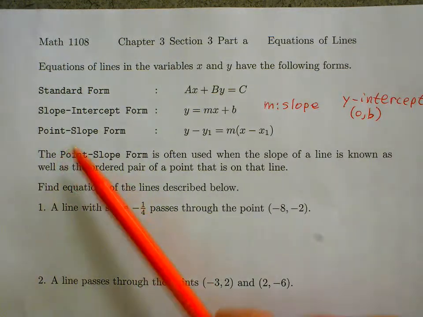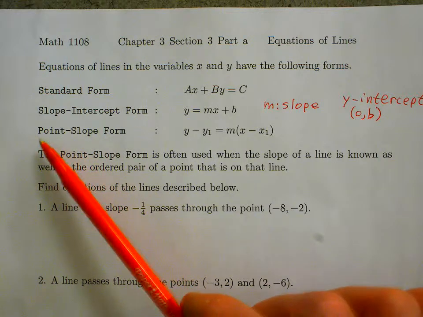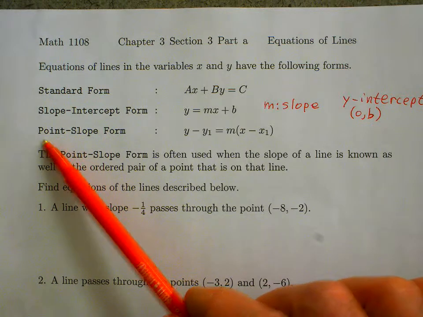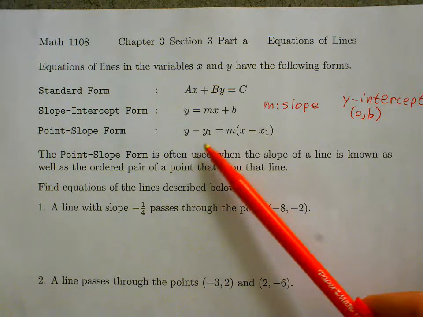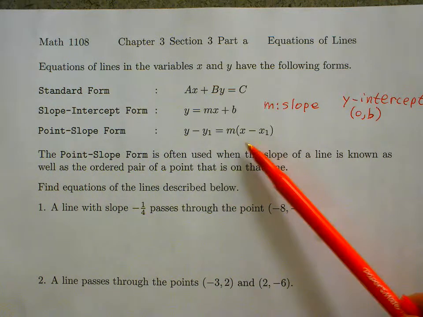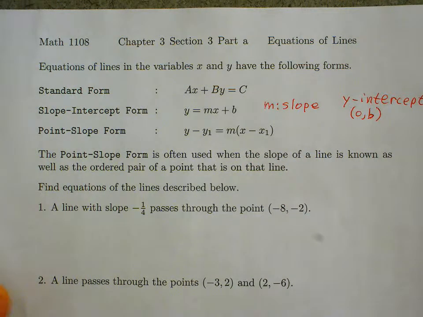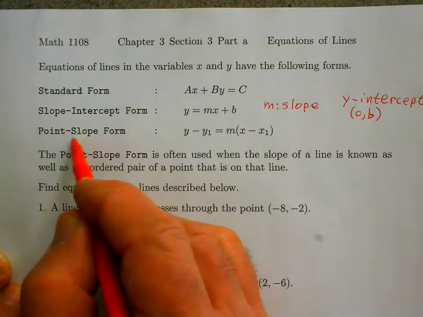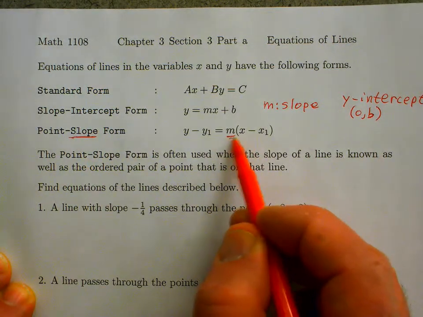Here's another form that we haven't talked about yet, but this is a very useful form for a straight line. The point-slope form, y minus y1 equals m times the quantity x minus x1. Okay, so the word slope is obvious because m is the slope.